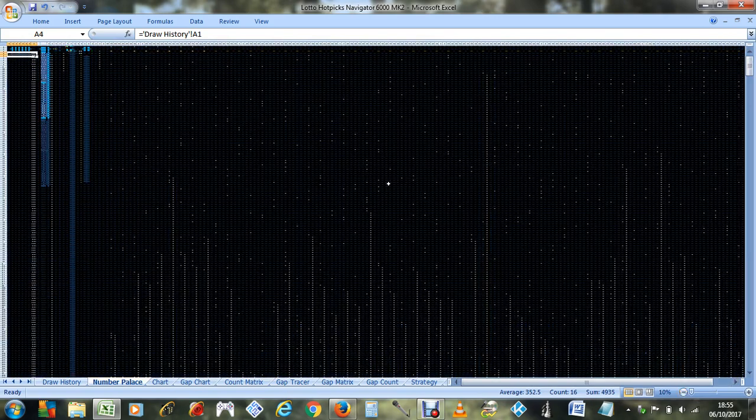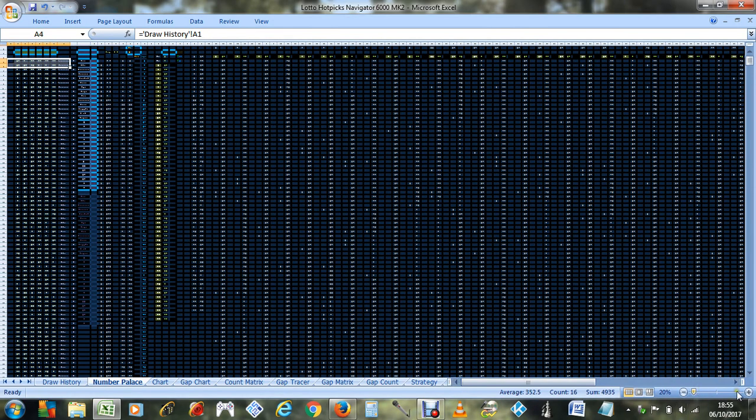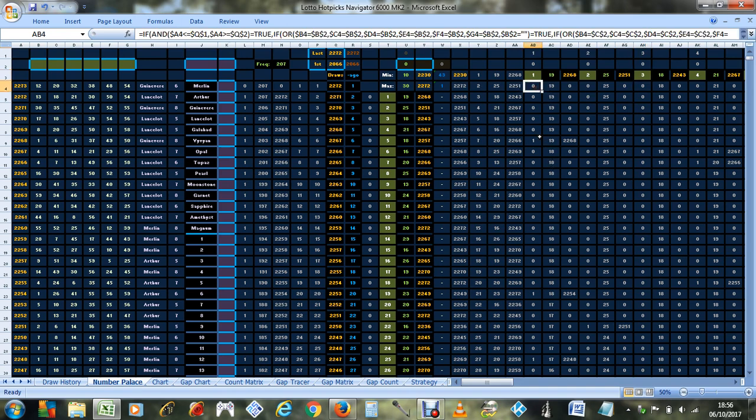by making a huge spreadsheet like this, where we look at the individual numbers and we look at each draw, each outcome, and we see if that number occurred in the outcome.